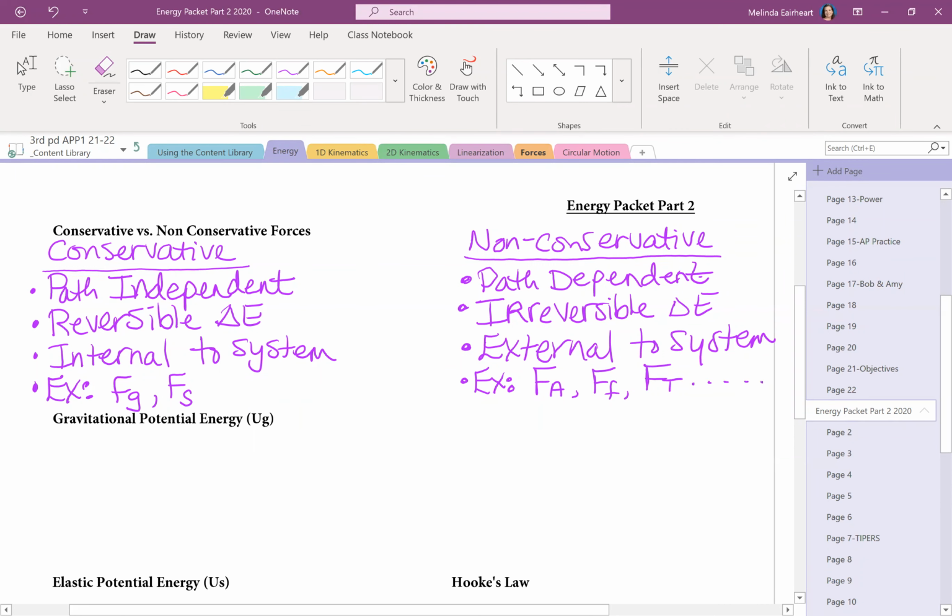And the hint is they relate to potential energy. Don't worry, that's coming. They have a related potential energy, both gravitational and elastic. But we don't have a potential energy for friction or tension or applied, and so those are non-conservative.